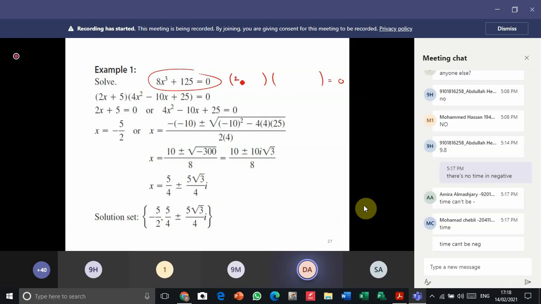We have 2x plus 5, and the general formula: a to the power 3 plus b to the power 3 equals a plus b times a squared minus ab plus b squared. If we have a negative here, just put this negative and this positive. The last one is always plus b squared.